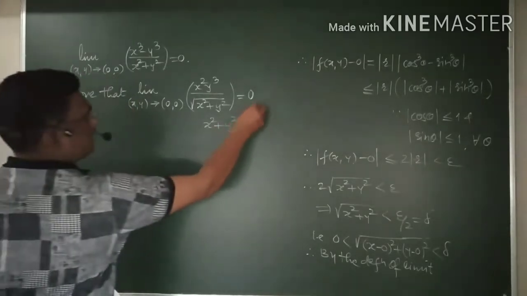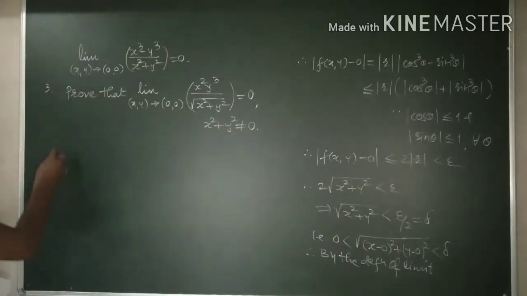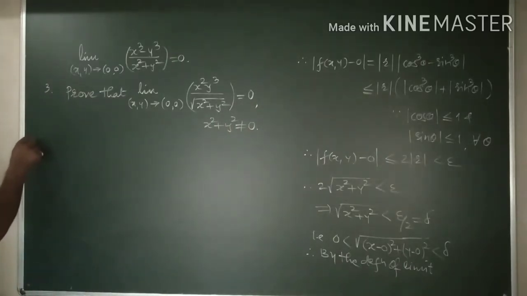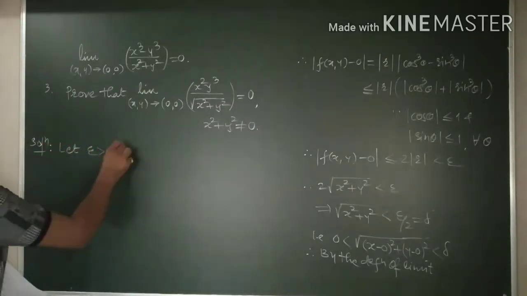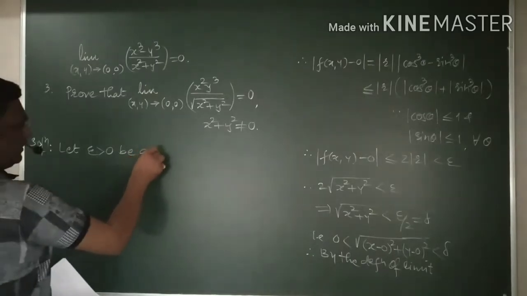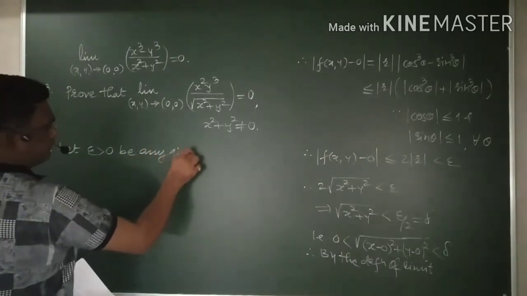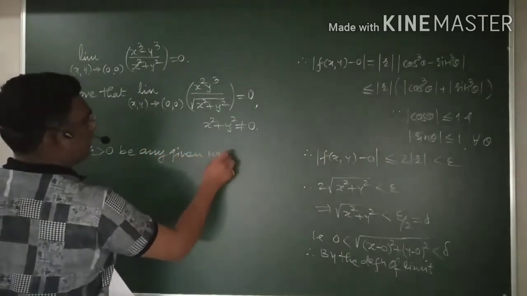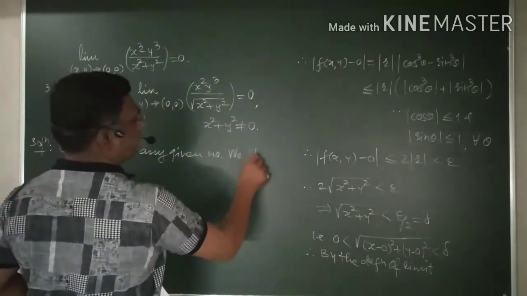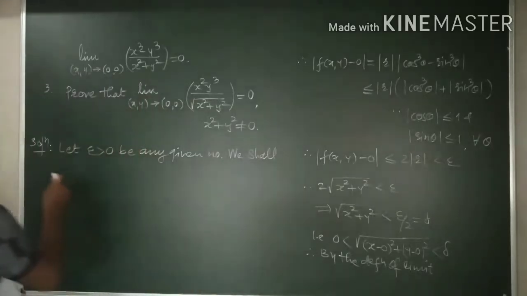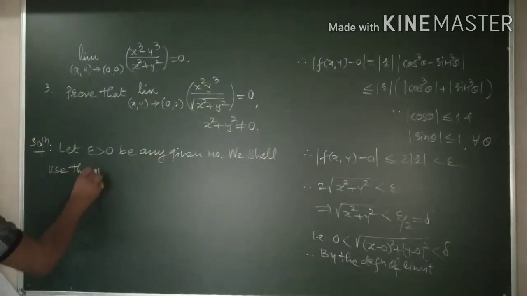This we need to prove. Therefore, let us have the proof, or solution. Let epsilon greater than 0 be any given number, and we shall use the polar coordinates.